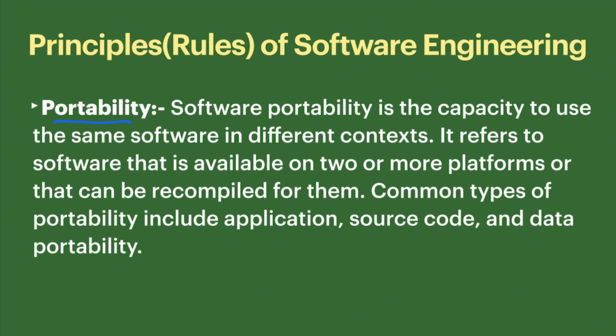So software portability is the capacity to use the same software in different contexts. It refers to software that is available on two or more platforms or that can be recompiled for them. Common types of portability include application, source code and data portability.